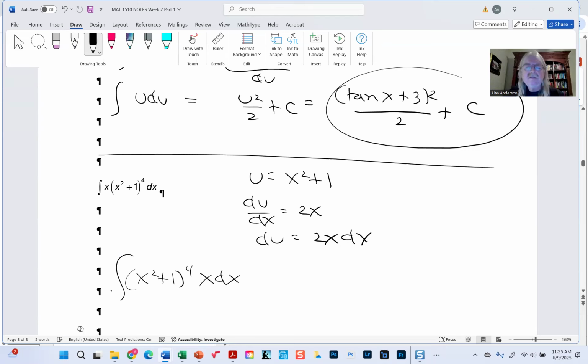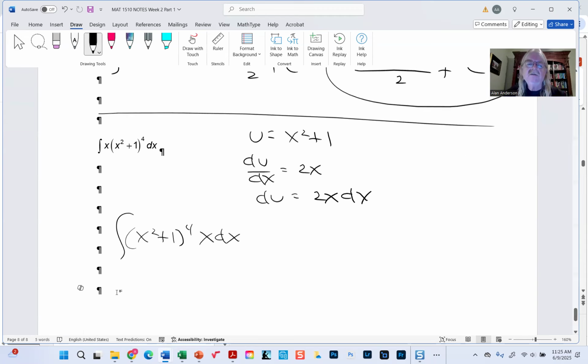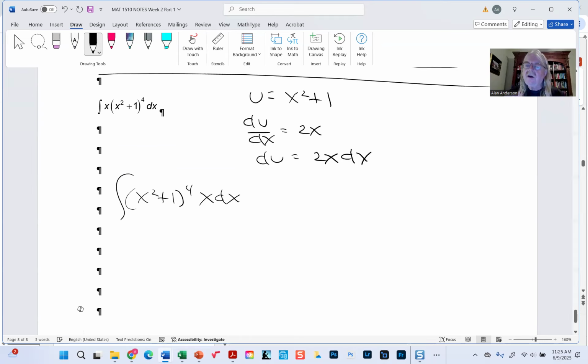We don't have dx. We have x dx. We don't have 2x dx. What do we do now? Well, because the problem here is that there's a constant missing, we can actually create it ourselves. Okay. Watch what we're going to do.